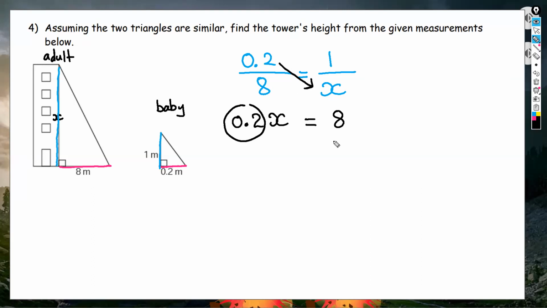We throw it across, we get the divide. Remember, double check this on the calculator. 8 divided by 0.2 is 40. So this X here is 40 meters. Obviously, I have to put the m in the exam to get it correct.